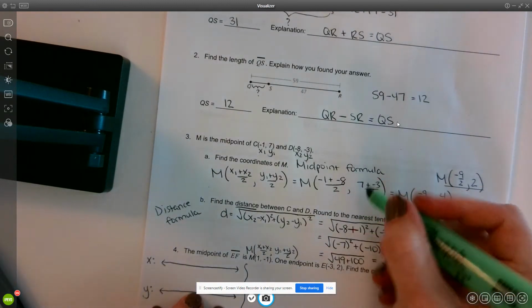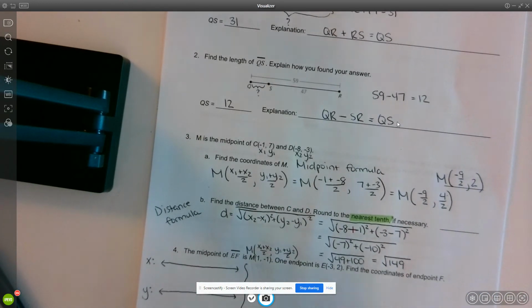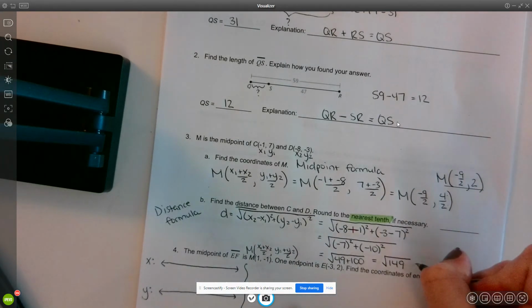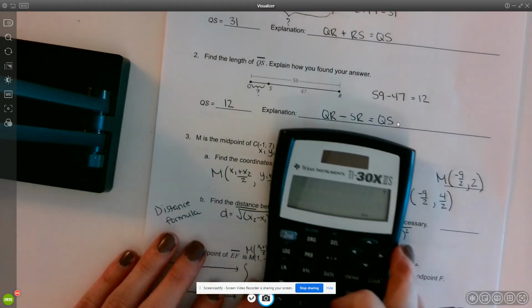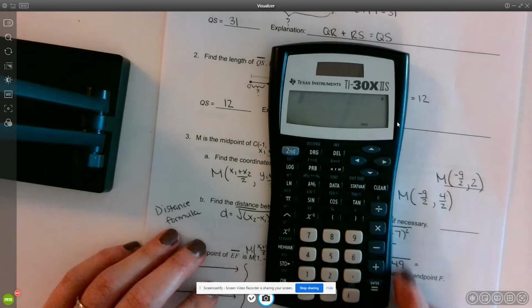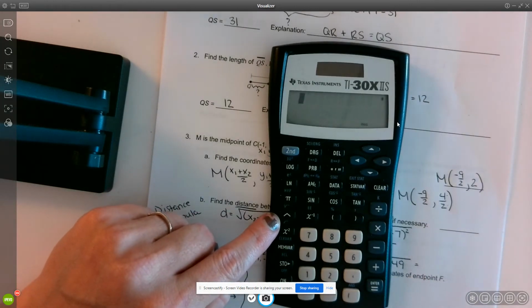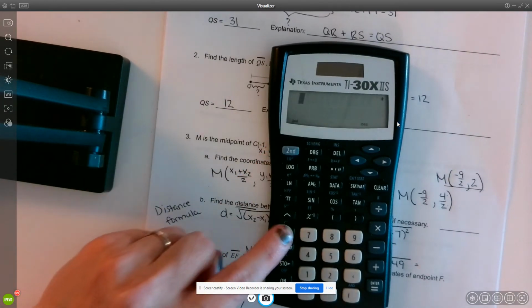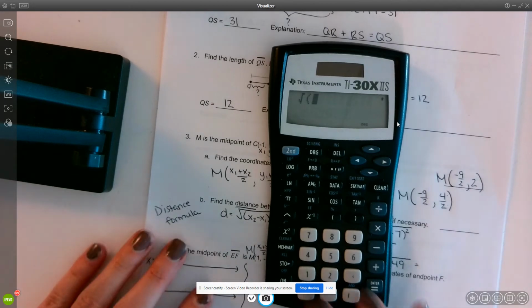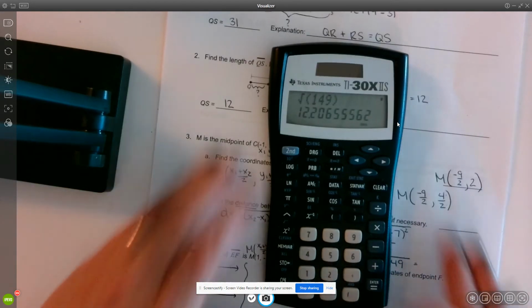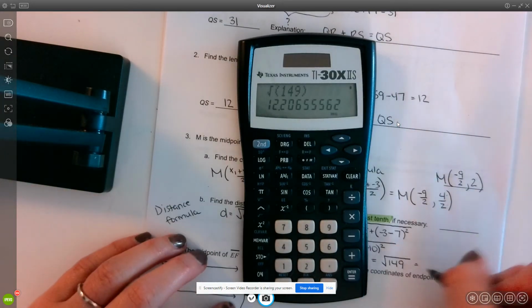They tell me to round to the nearest tenths place. So if you forgot on your calculator, to get to the square root symbol, I need to hit second x squared. And I get 12.2.